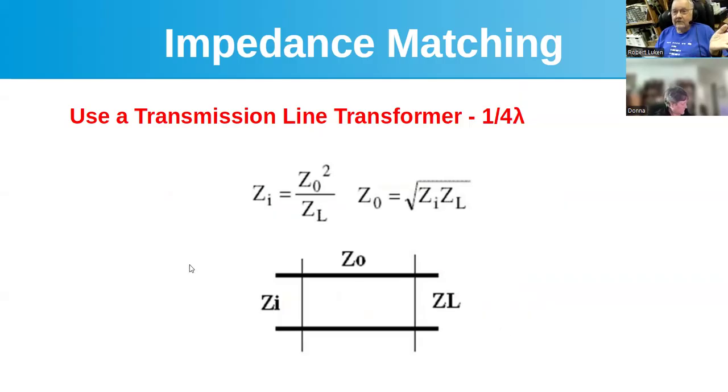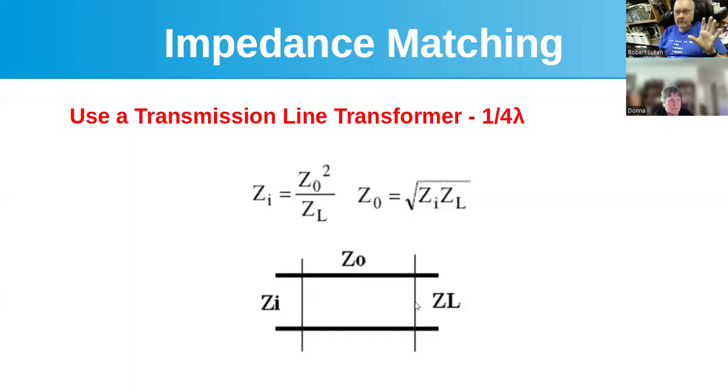Sometimes you'll see that, you don't see this often, but let's say Z in was 50 ohms and your Z load was 100 ohms. If I insert a length of 75 ohm transmission line that's a quarter wavelength long at the frequency I'm operating at, per this formula, the impedance that it has will be 75.